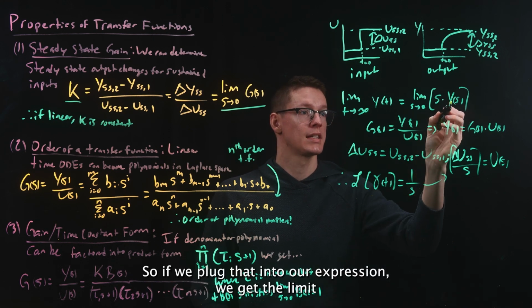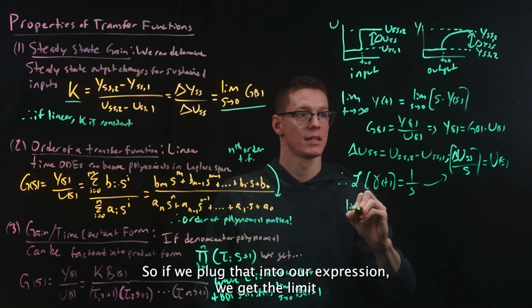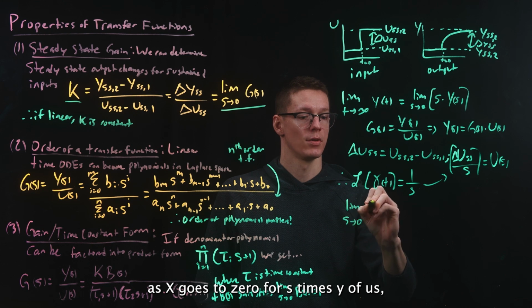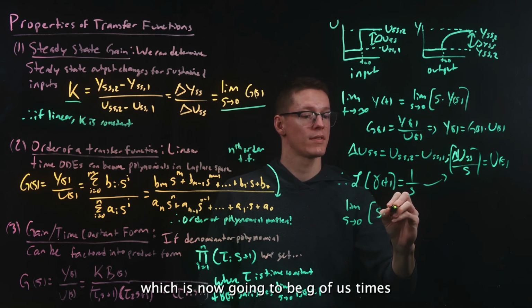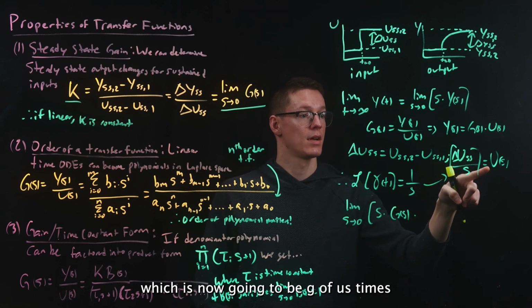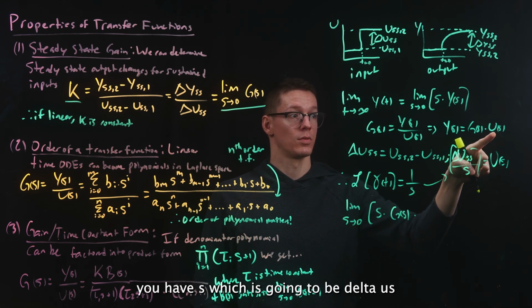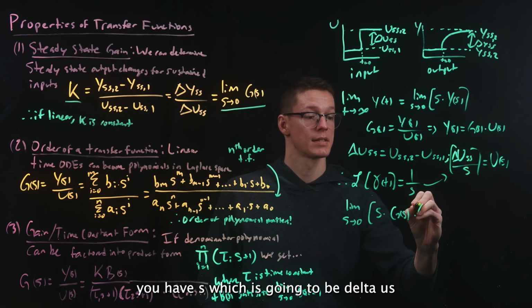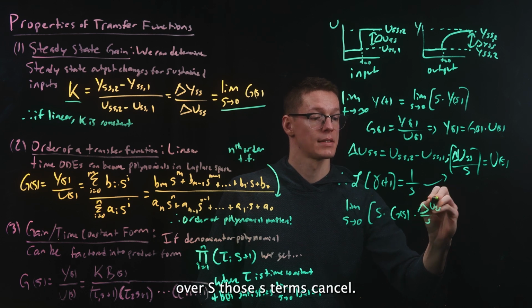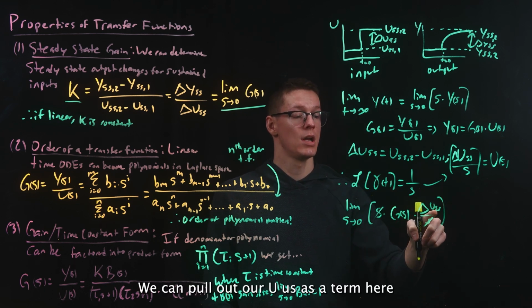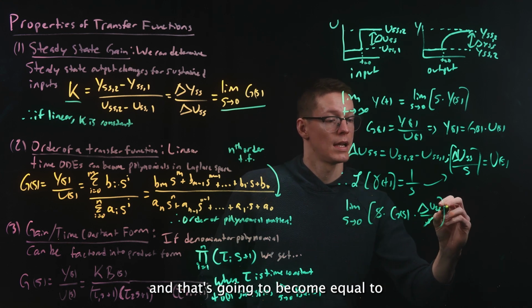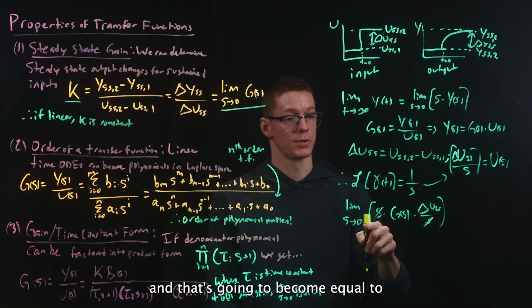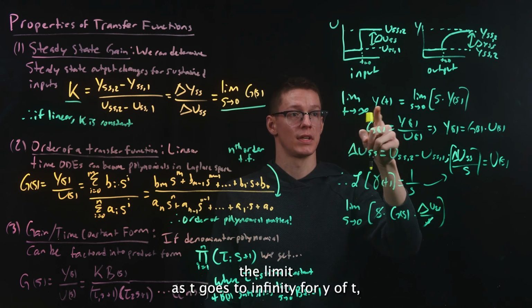So if we plug that into our expression, we get the limit as s goes to 0 for s times y of s, which is now going to be g of s times u of s, which is going to be delta USS over s. Those s terms cancel. We could pull out our USS term here, and that's going to become equal to the limit as t goes to infinity for y of t.